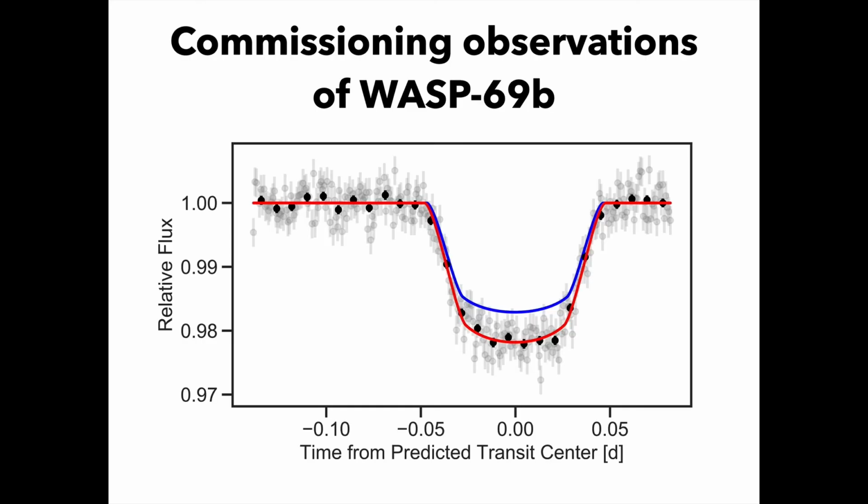Here's an example of a measurement we made when we were commissioning this observing mode, of the planet WASP-69b. This planet, when observed at other less special wavelengths, looks like this in the blue. What's being shown here is the star's brightness over time, and you can see that the planet at the transit center is blocking out a little less than 2% of the star's light. However, when we measured it at 1083 nanometers, we got the data in gray, which are binned in black and shown with our best fit model in red.